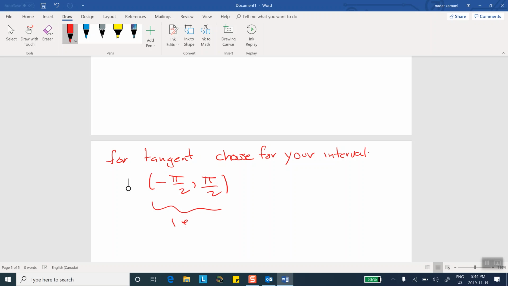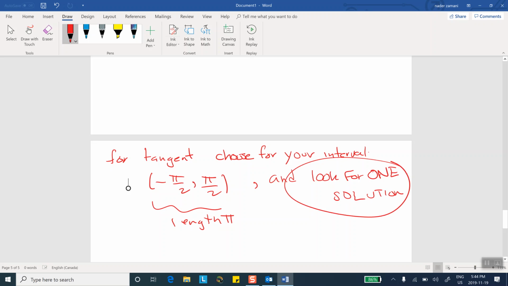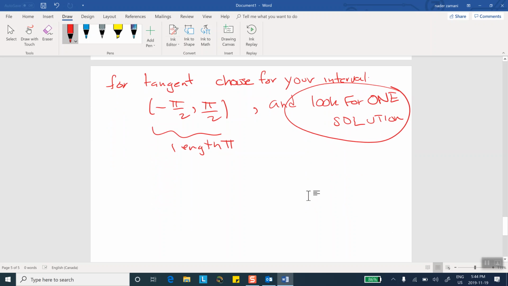Notice that this is of length pi, as we expect. And look for one solution. And once you found that solution, then take it and add multiples of pi to it, k equal to 0, 1, 2, etc.